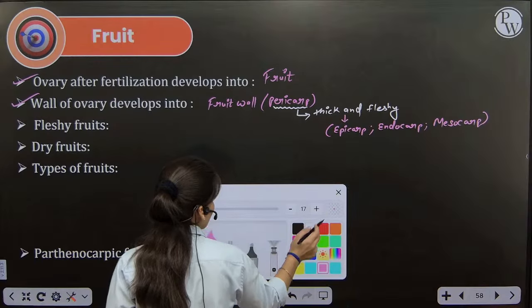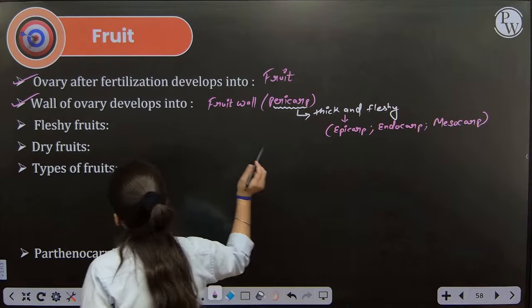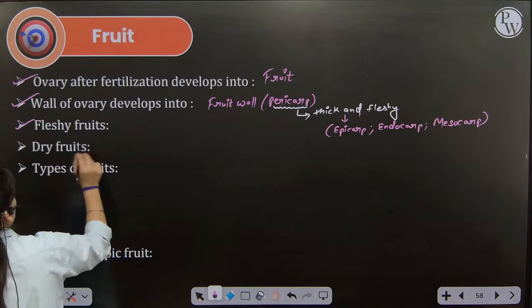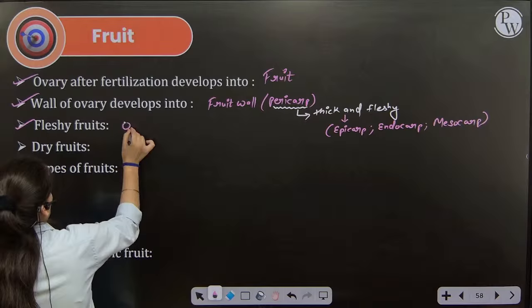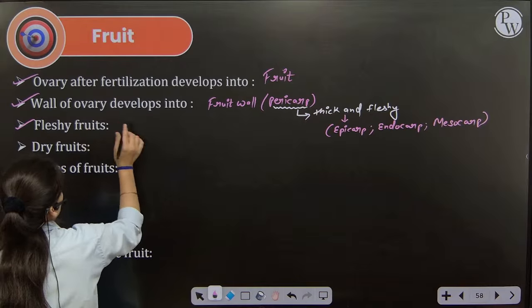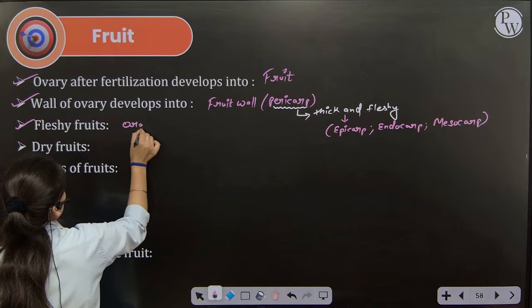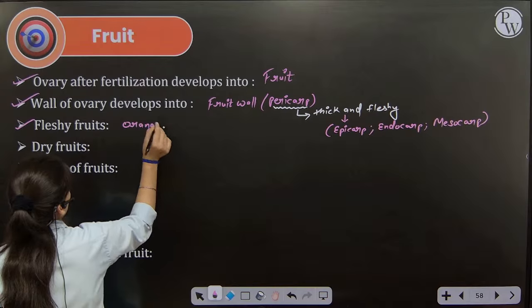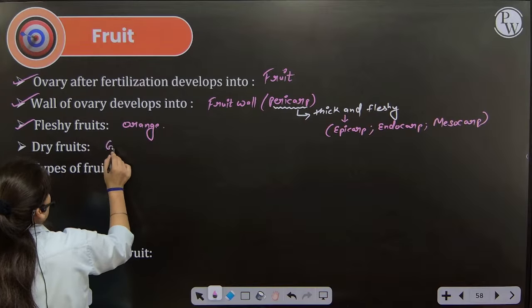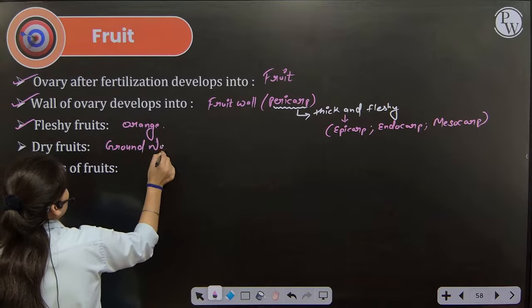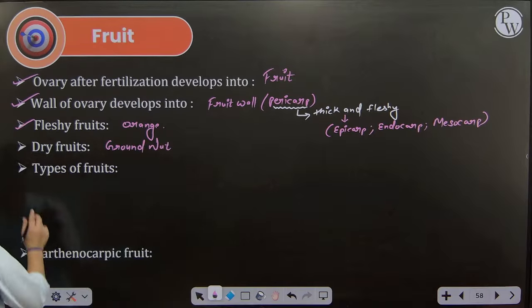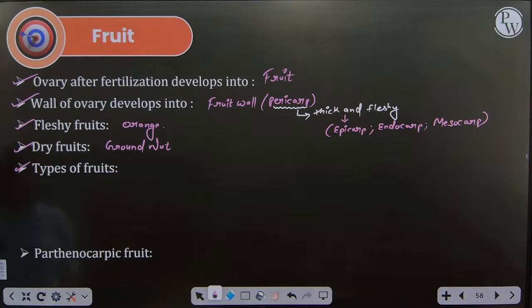Fleshy fruits. Examples of fleshy fruits are orange. What about dry fruits? An example is groundnut. Types of fruit.